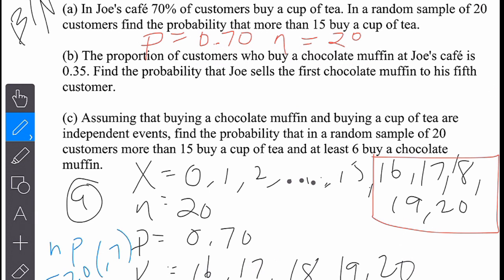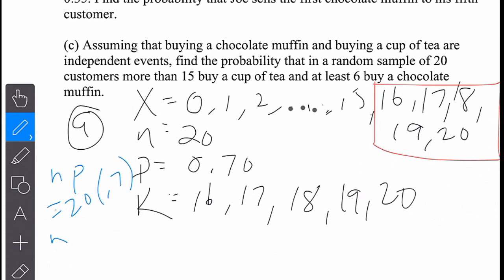But what about n times 1 minus p? I think that's not going to work. So 20 times 0.3 is 6, so it's not greater than 10. So we have to do them one by one and add them together.